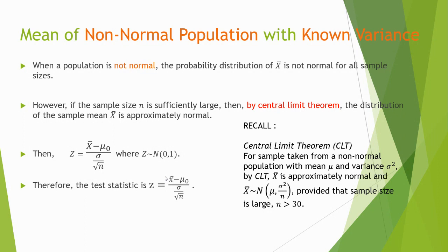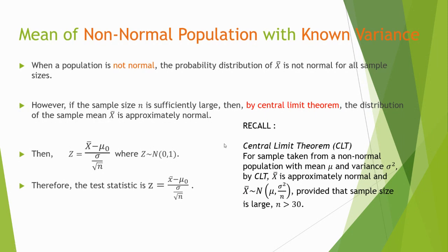The probability distribution of x bar is not normal for all sample sizes. However, if the sample size n is sufficiently large, then by the central limit theorem, which we recalled from the second video, x bar from our sample is normal with mean mu and variance sigma square over n, provided that the sample size is large. How large? At least n greater than 30. So this is your test statistic.